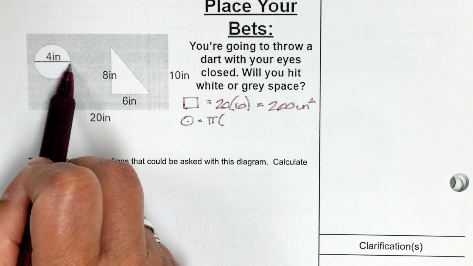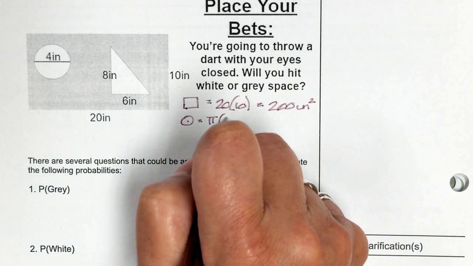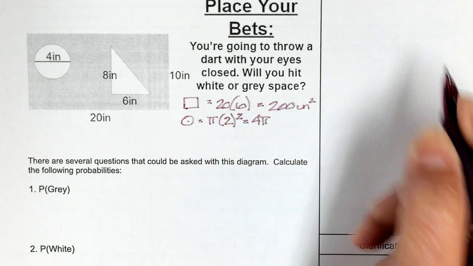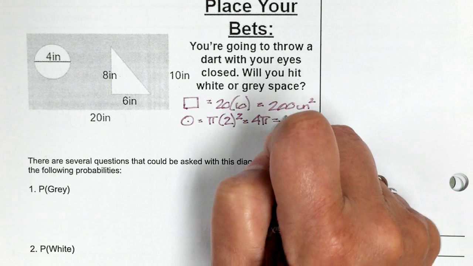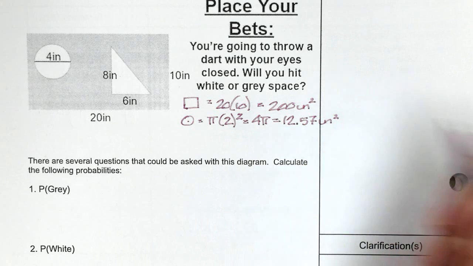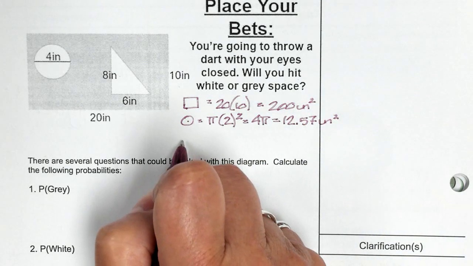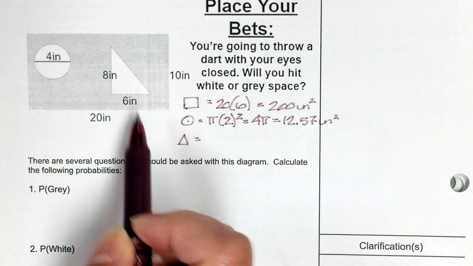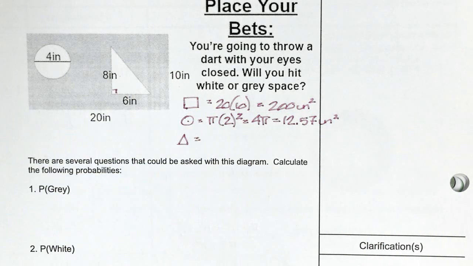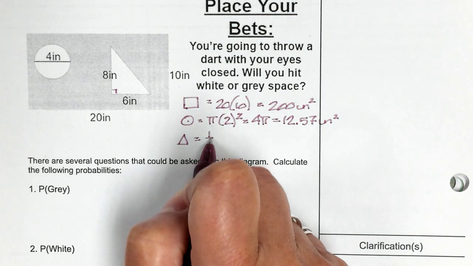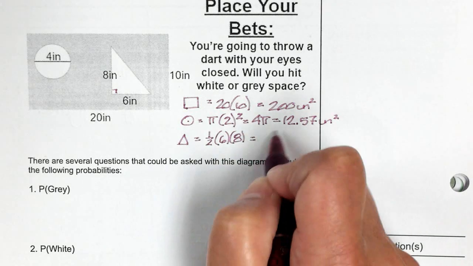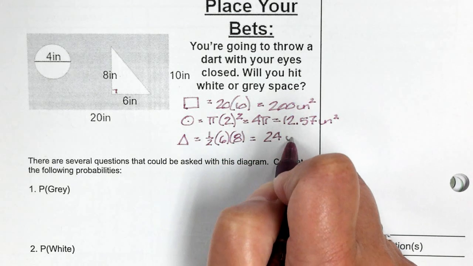This is the diameter, so we take half of that, which gives us 4 pi, which, if I use the pi button on my calculator, is 12.57 square inches. And then the last shape is the triangle. Since it doesn't have a little box here, but this is a right triangle, we're going to do 1/2 base times height, and that's going to give us 24 square inches.